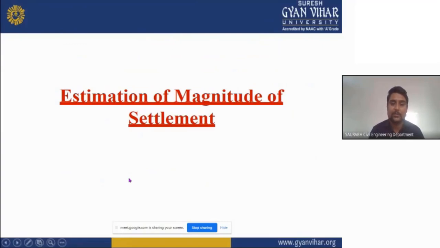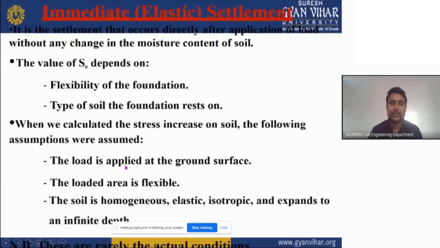Now we will see how to estimate the magnitude of settlement, meaning how you will find the magnitude of settlement. We will see it here in this video frame.